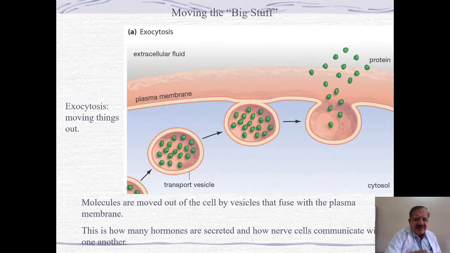They come from the Golgi apparatus, forming vesicles, and these vesicles go out. Once out, there is a fusion of the membrane. That is exocytosis.